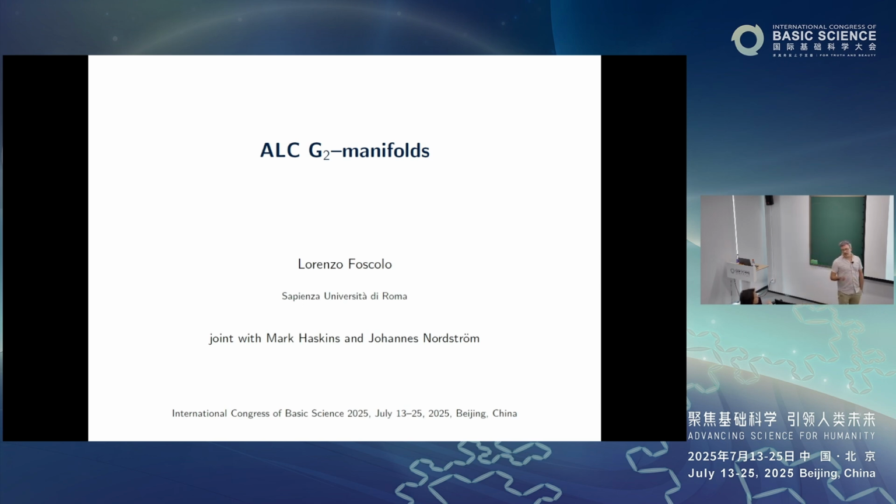The perspective that I'll discuss is that of a differential geometer. We're interested in making this correspondence rigorous from a mathematical point of view. What I'll discuss is joint work with Mark Haskins and Johannes Nordström.